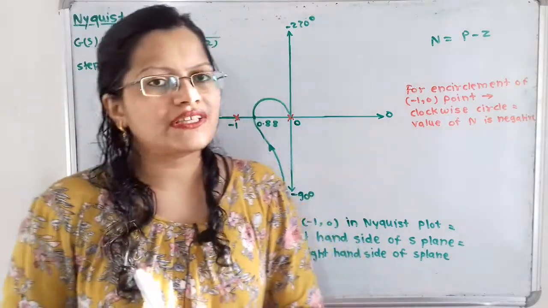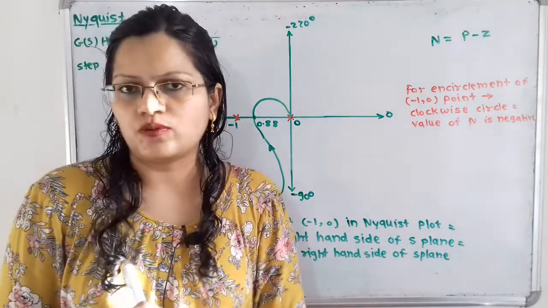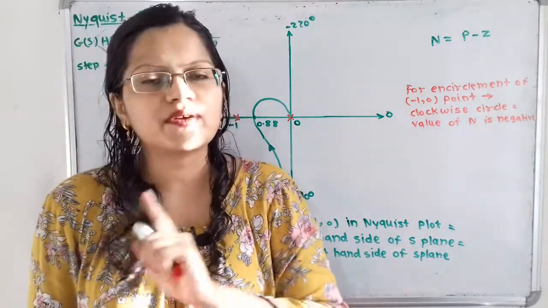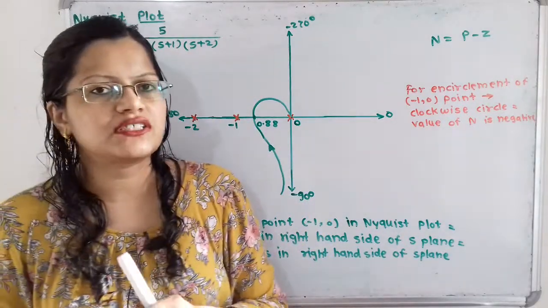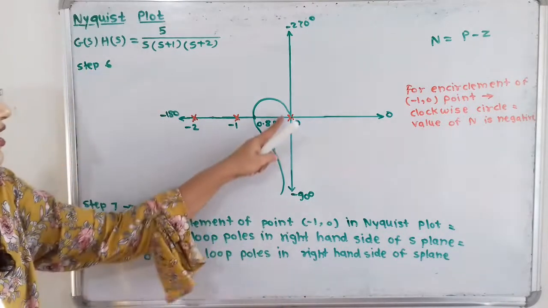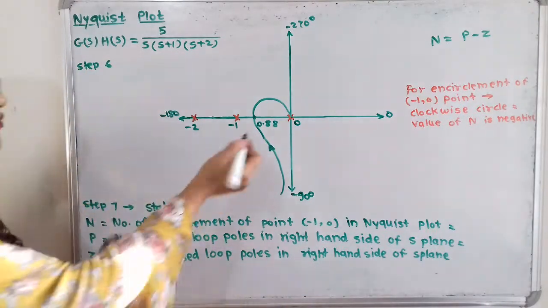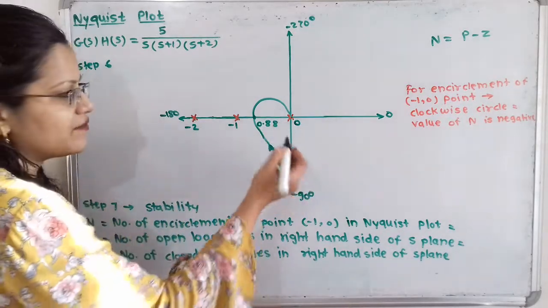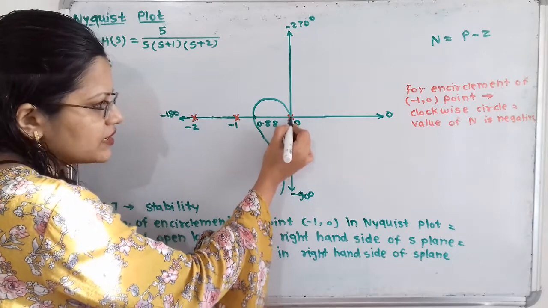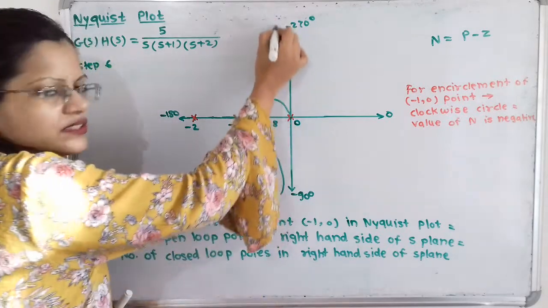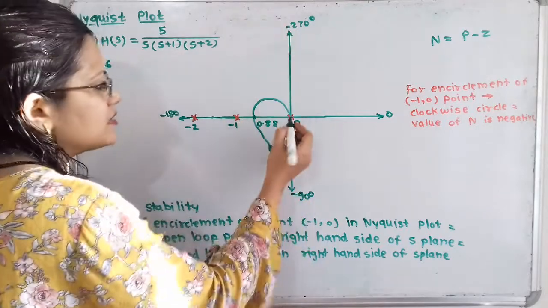Now we will move to section C2. For this section C2, the magnitude is 0, so we will not take any plot. Now for section C3. Section C3 is nothing but the mirror image of this, which we have already drawn. We will repeat it here. We start this plot from the origin and move towards infinity along this angle, that is minus 270.